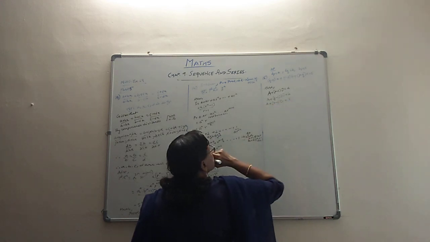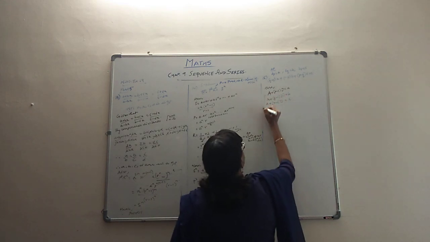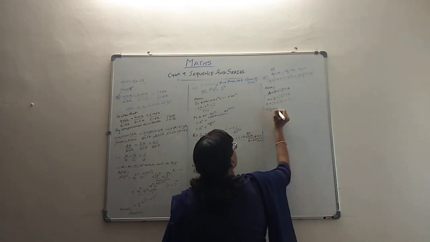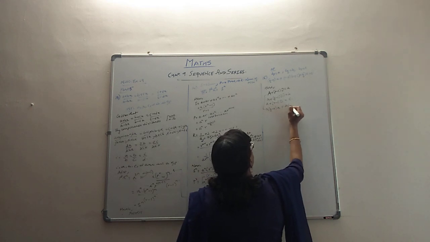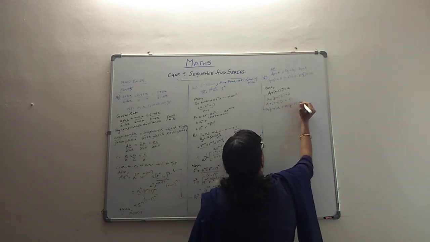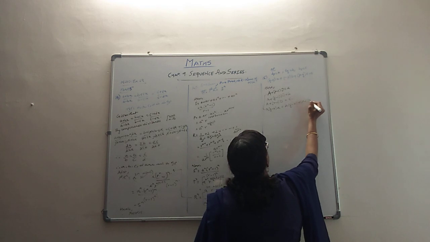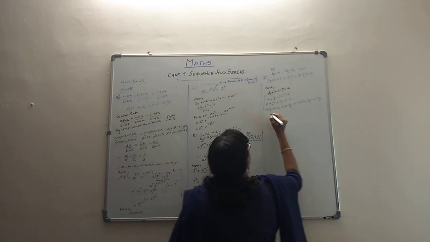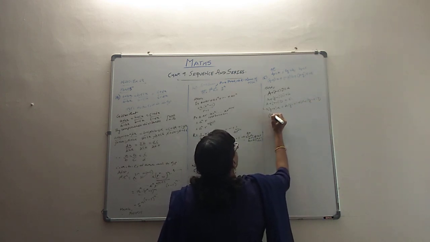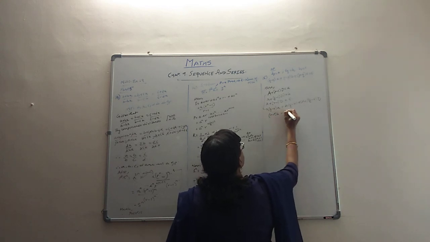So here let's consider q minus r times a. So that will be A times q minus r plus p minus 1 into q minus r times D, then r minus p times b.